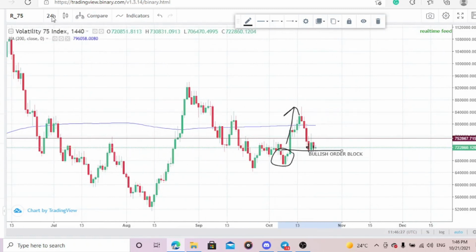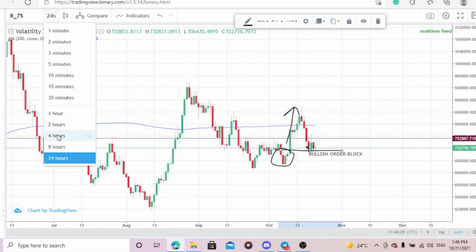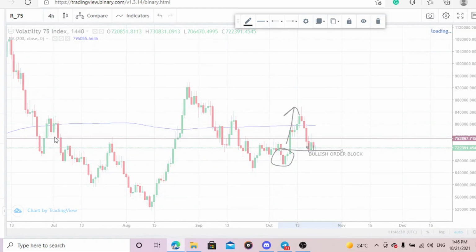So then I went to the 4 hour to see what is happening. I'm happy that there's a daily bullish order block, and that is good for me.